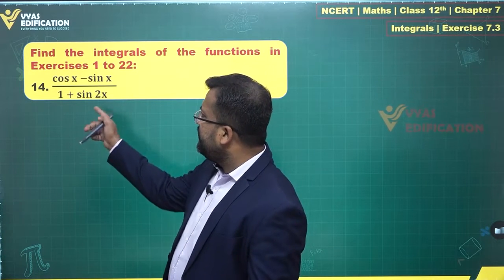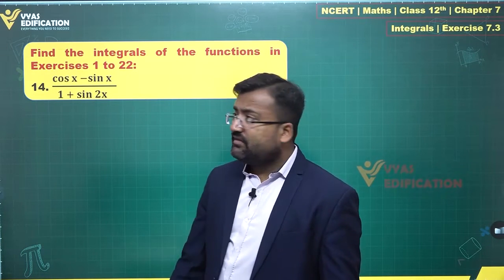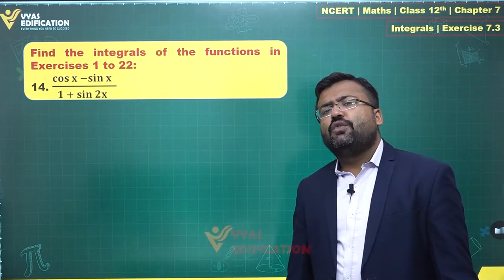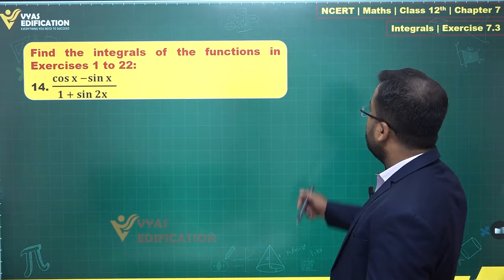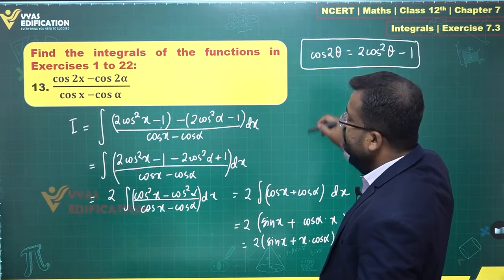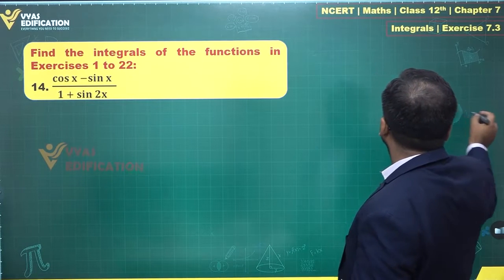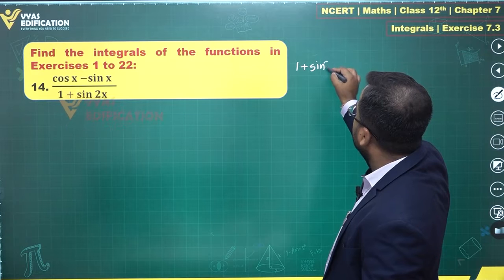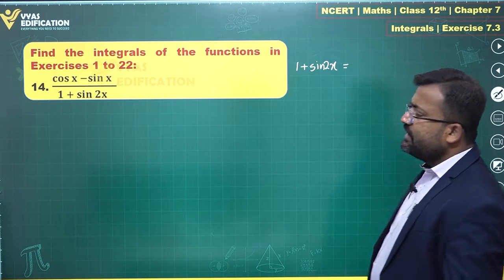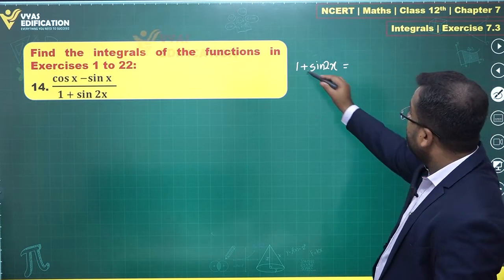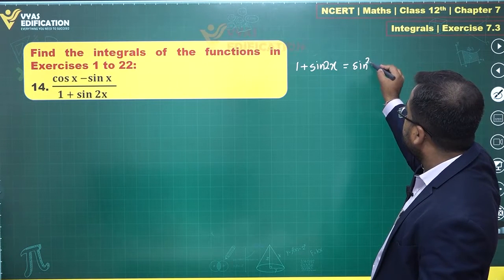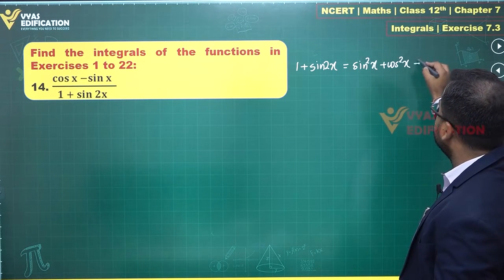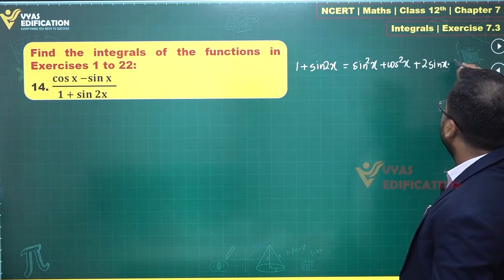So let's think of converting this 1 plus sin 2x into terms of x, the half angle. We recall something related to 1 plus sin 2x. The important thing is 1 plus sin 2x can be written as sin square x plus cos square x, and I'll write sin 2x as 2 sin x cos x.